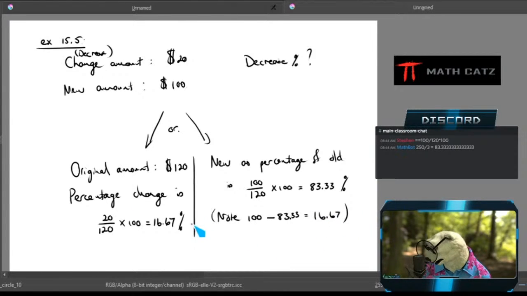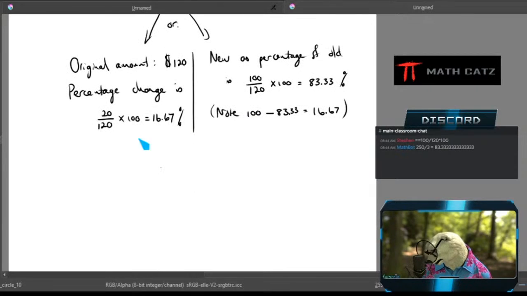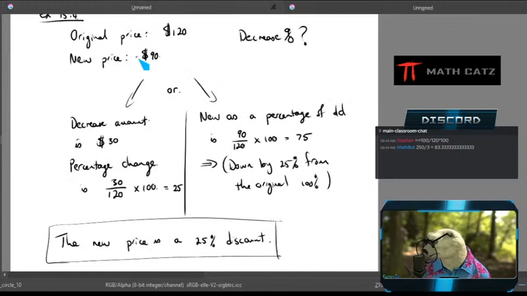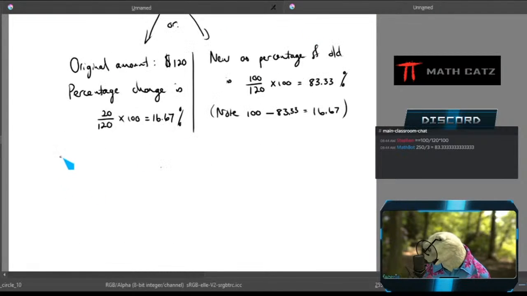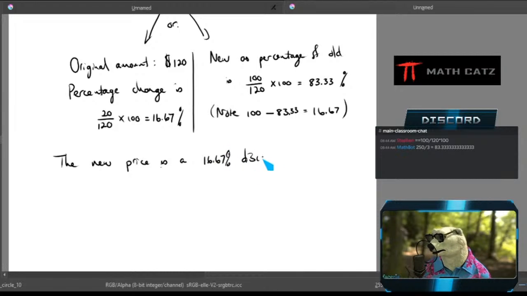So in both cases, the answer is of course the same. How did we phrase it here? New price. Okay, so let's say here, the new price is 16.67% discount. And it's okay to round my presentation numbers. I'm not using this in the future calculation, so I don't need to worry about rounding creating errors.